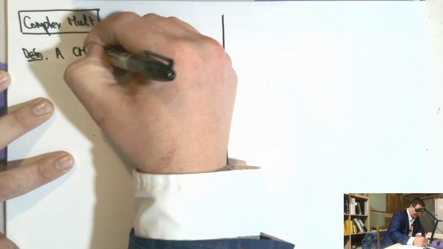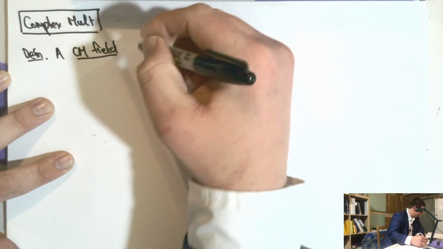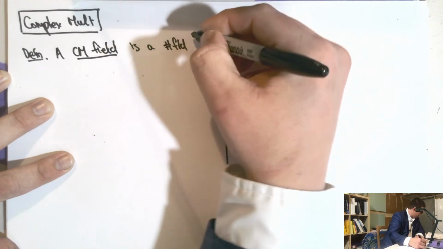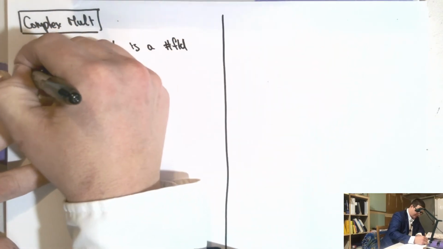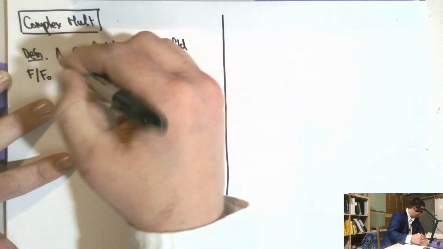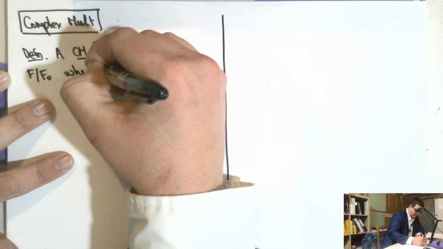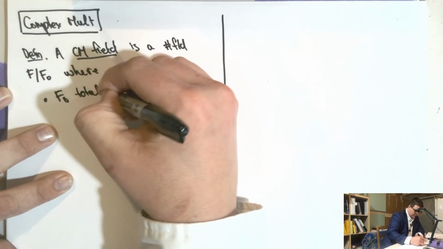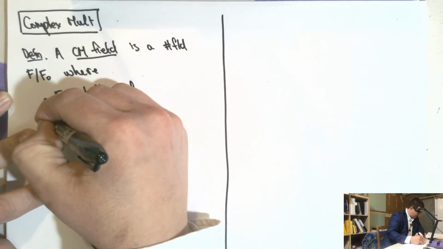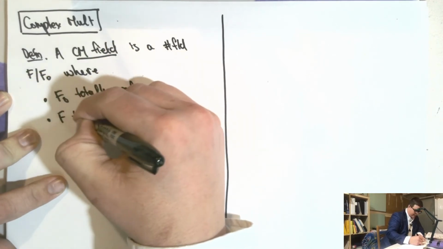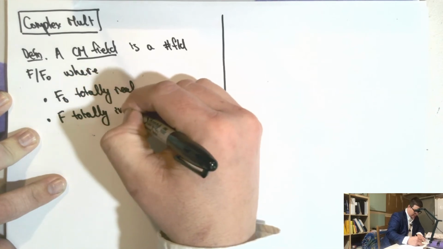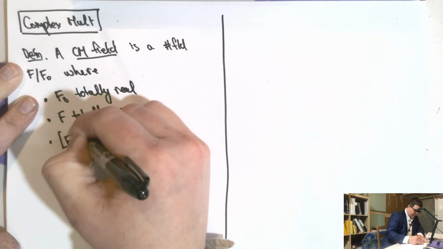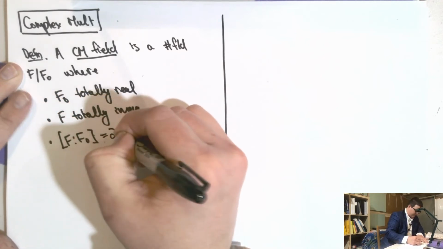So a CM field is a number field F over F0, another number field, where F0 is totally real, F is totally imaginary, and this degree here is 2.